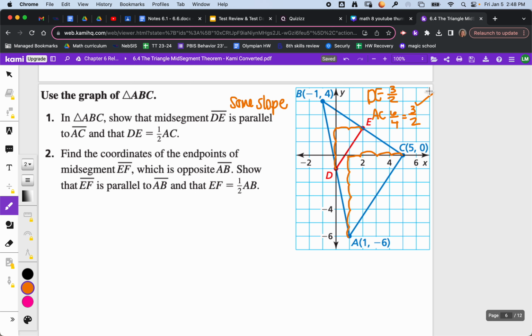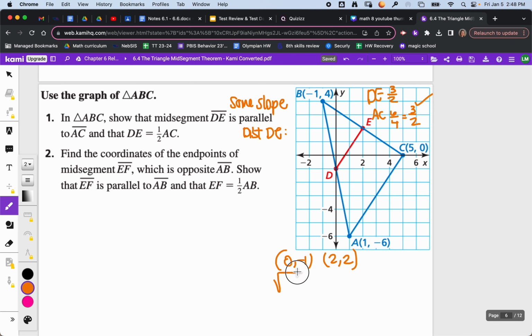So they do have the same slope. The next thing I want to do is make sure that DE is exactly half of AC. So what I would need to use is the distance formula for DE and see if it's exactly half of AC. Right now point D is at (0, -1), and point E is at (2, 2). So let's find the distance of DE.